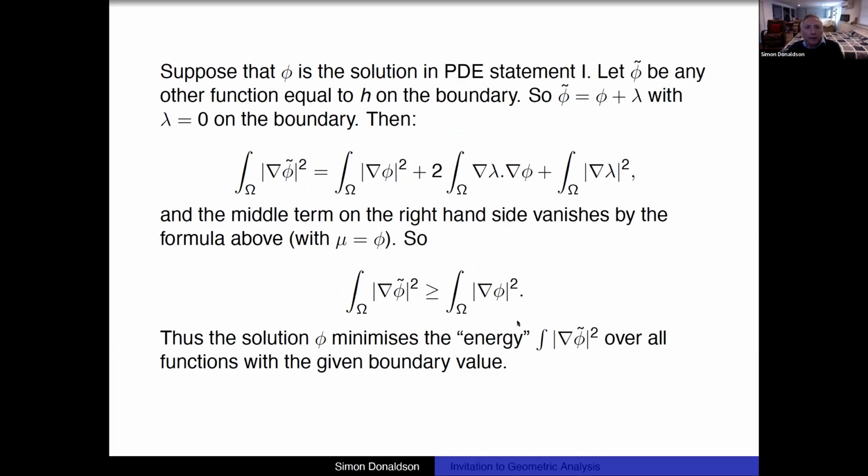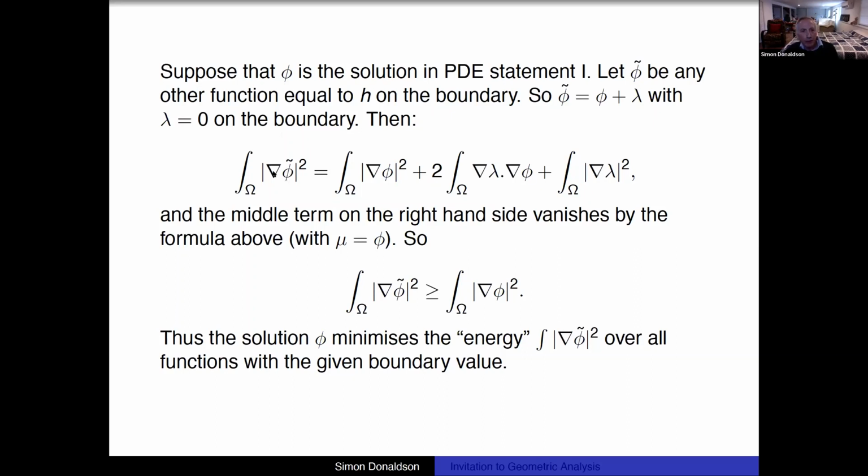So now, let's suppose, in fact, we do have a solution phi of our problem in statement 1, my harmonic function equal to the given function on the boundary. But let's consider any other function, phi tilde, with the same boundary value. So they differ by a function lambda, which vanishes on the boundary. And then let's compute the integral of the pointwise norm squared of the derivative of phi tilde.